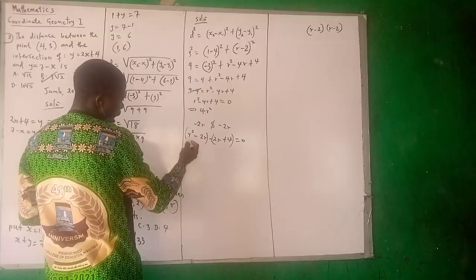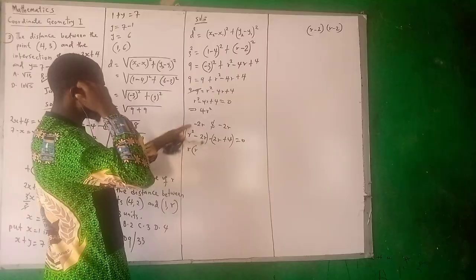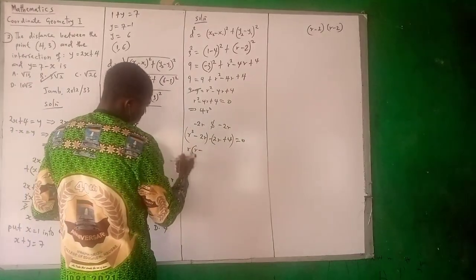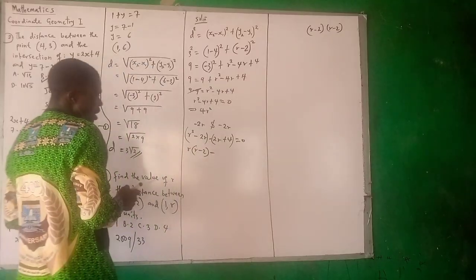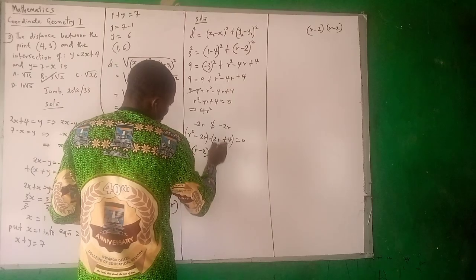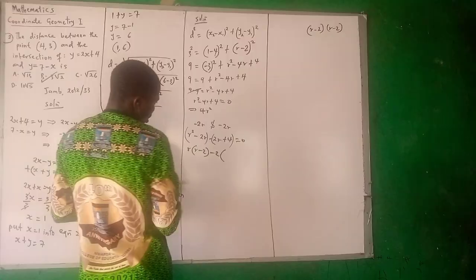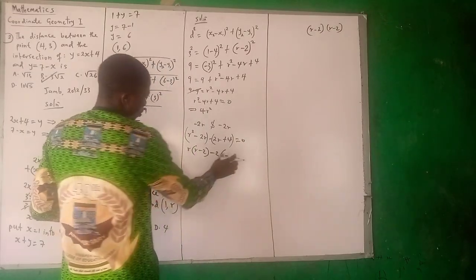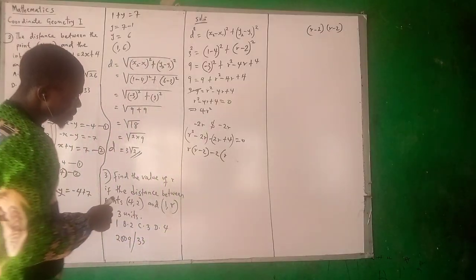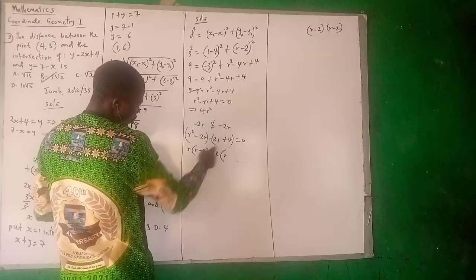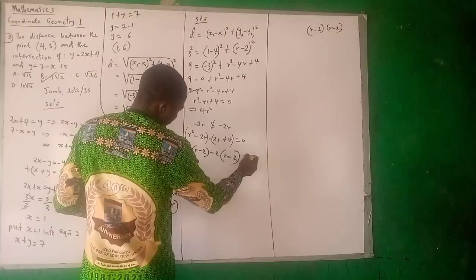If I bring it out, r divided by r squared leaves r, minus what remains, 2. For the second group, the common factor is 2. Use minus to multiply with plus, you get minus. 2 divided into r leaves r, and minus times plus is minus, and 2 divided into 4 is 2. That should be equal to 0.